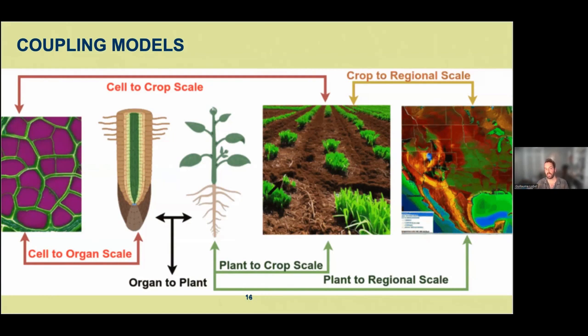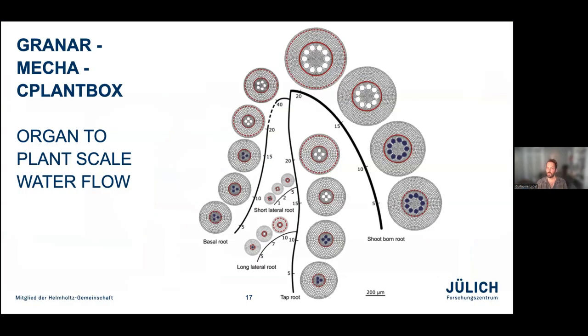Because we lose some information if we go up in scale, or because we cannot do large-scale simulation if we have too much detail, we need to find ways to couple these different models so they can inform each other to have more accurate simulations and predictions.